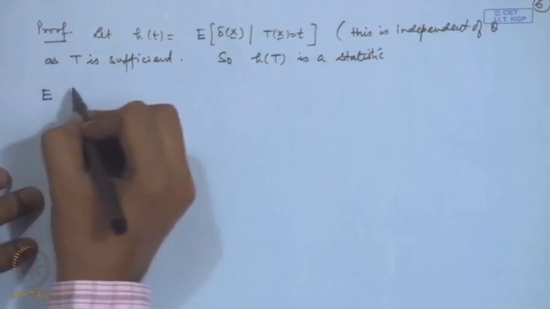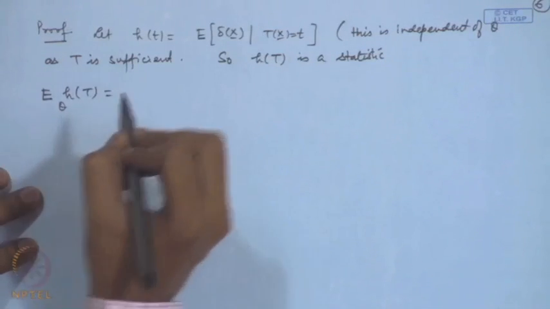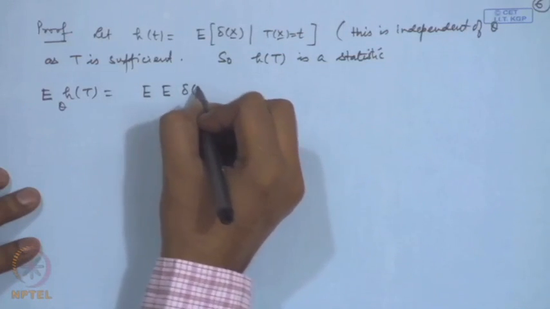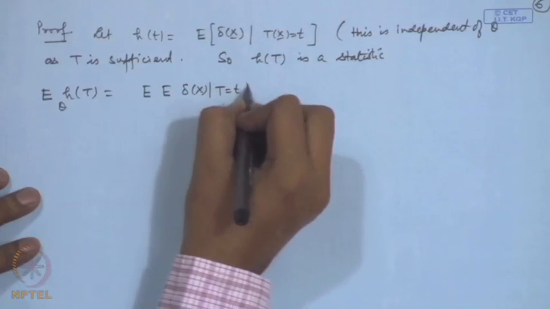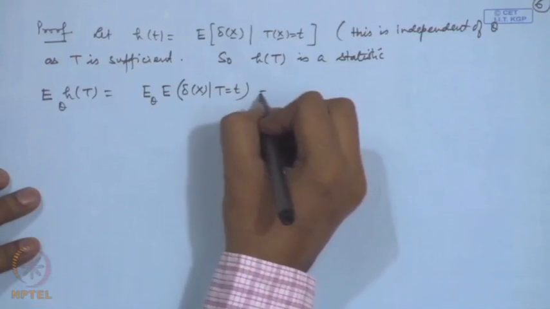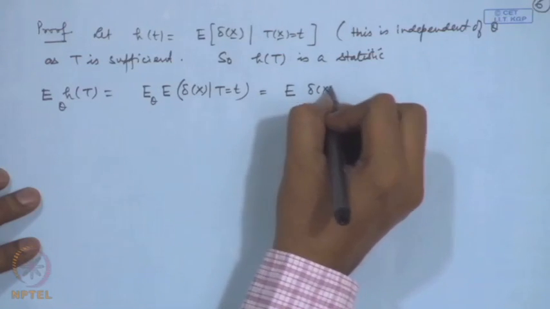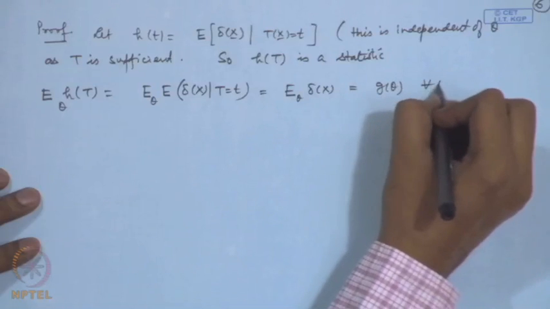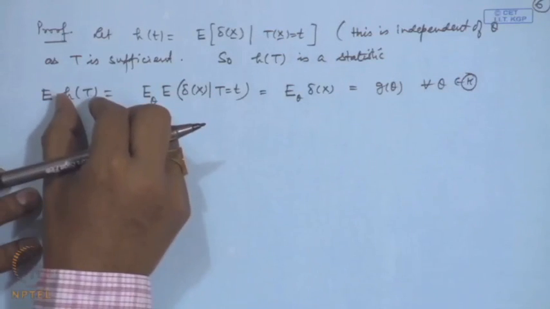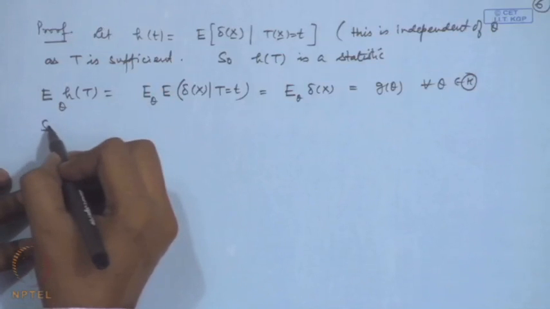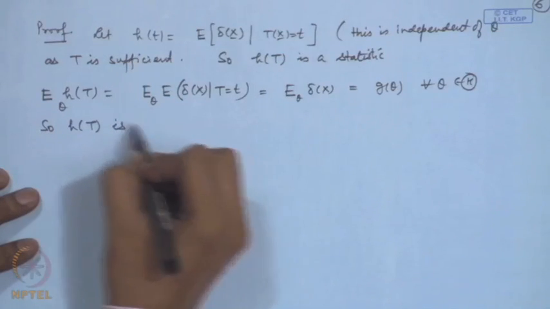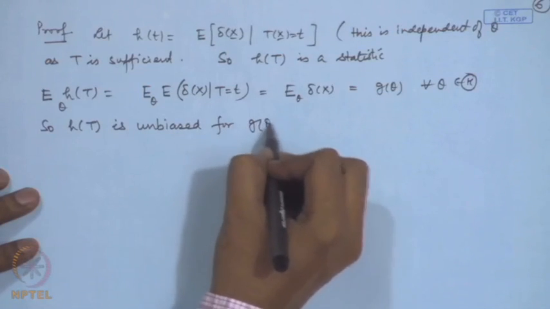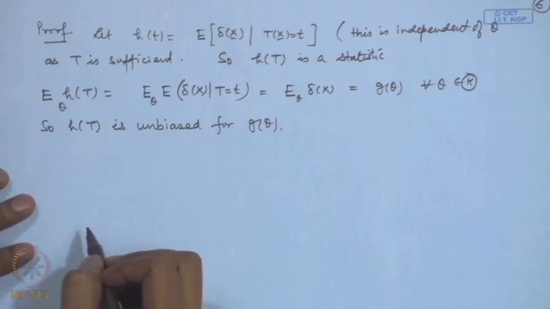Let us consider the expectation of h(T). Now, expectation of h(T) is simply the expectation of the expectation of delta(X) given T. Now, this is nothing but the expectation of delta(X), that is equal to g(theta). So, this new estimator h(T) is unbiased for g(theta).